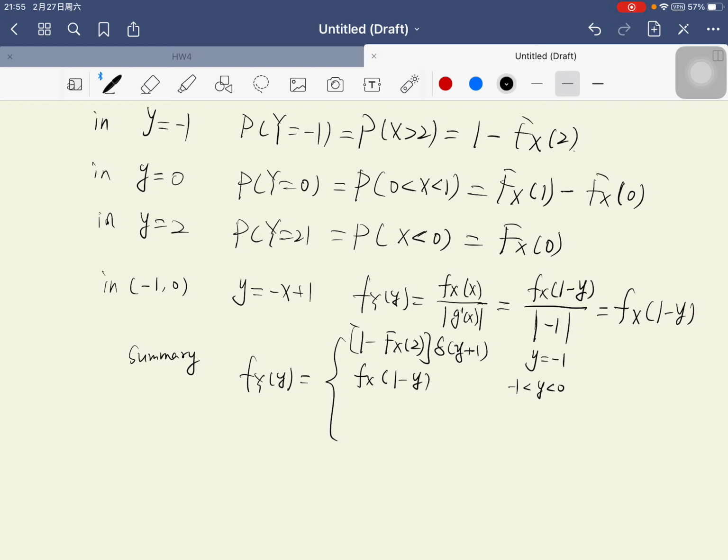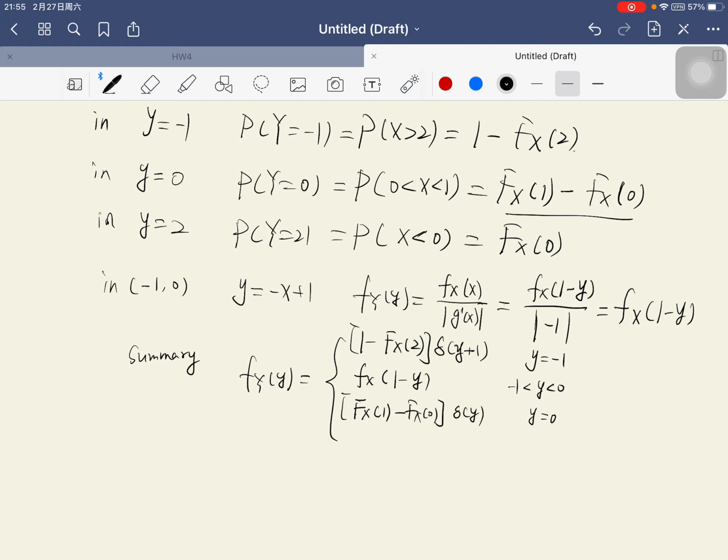And when y is equal to 0, the density function of y is equal to the distribution function of x at value 1 minus at value 0, times delta(y).